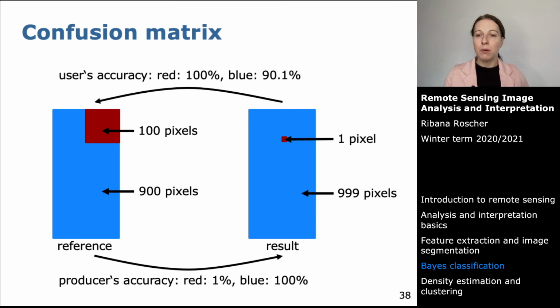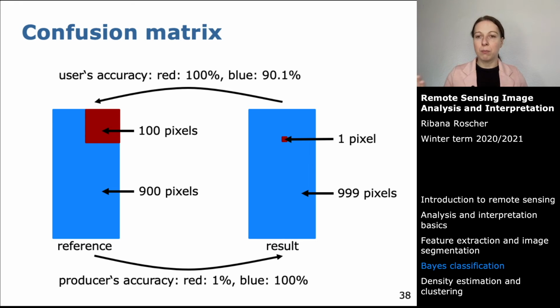And when you have a look at the reference, you see 900 of them were classified correctly. So you have a user's accuracy for the red class of 100%, and for blue it's 900 divided by 999. This is roughly 90%.